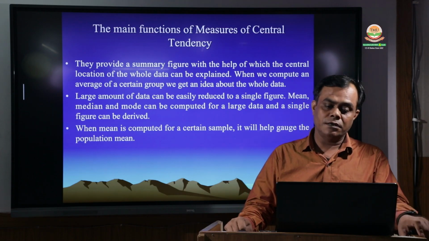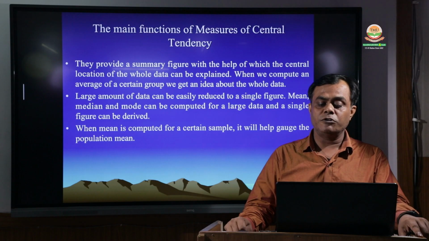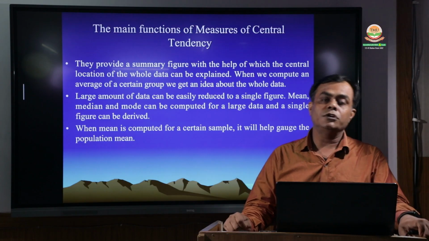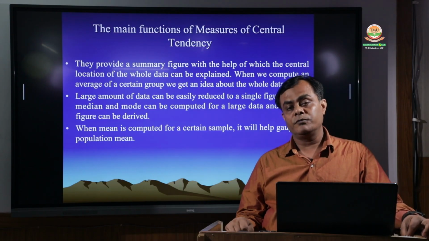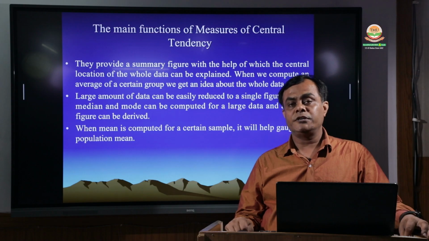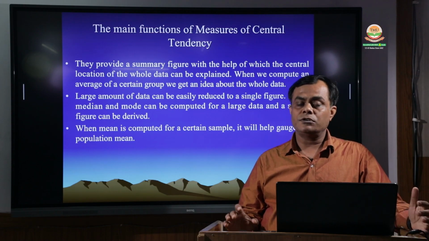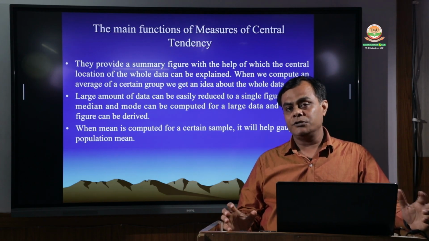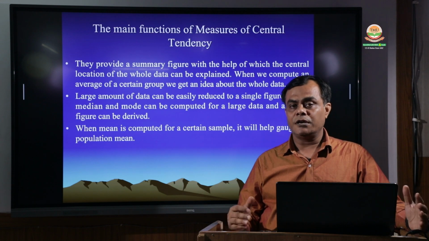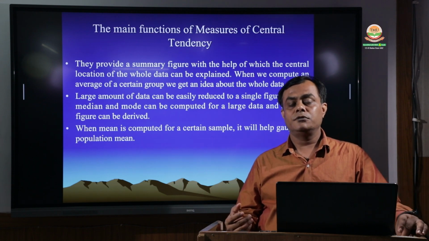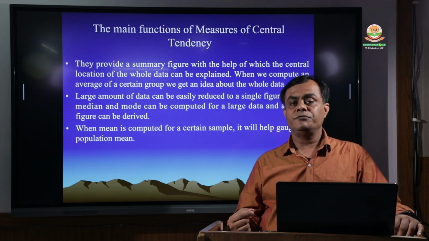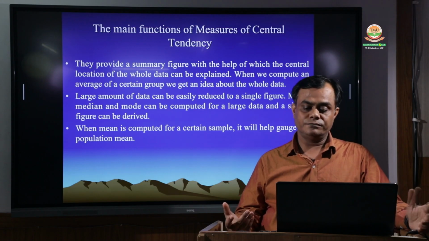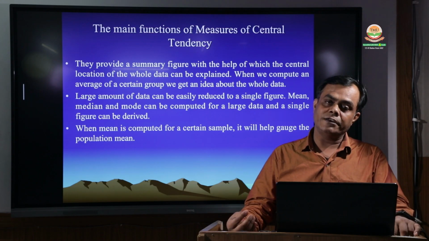The second function is that a large amount of data can be easily reduced to a single figure. An important thing is that we often do not know the size of the data. Sometimes the data is so huge that it is very uncomfortable to manage, but through the measurement of central tendency we get a single value for numerous data, and through that single value we can get an idea.